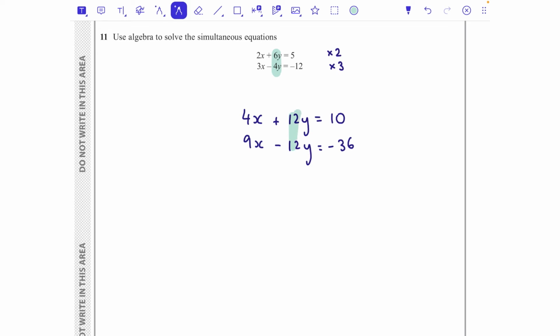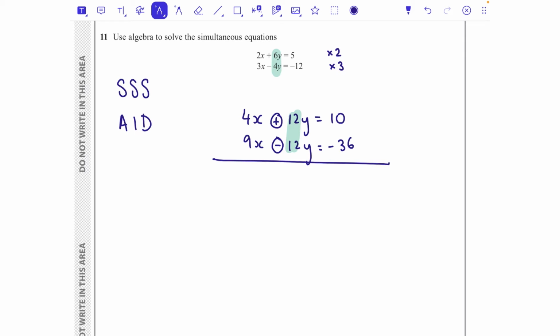And now we've made these the same. Now you're going to add if they're different and same signs subtract. Add if different, same signs subtract. So because one is an add and one is a takeaway, if I want to cancel those out, I'm going to turn it into a big sum. And we're going to add if they're different. So we're going to add these, and that's going to cancel them out. We want to get rid of those y's.